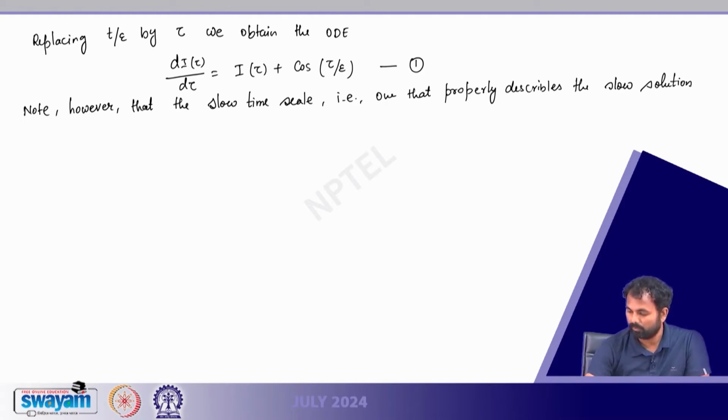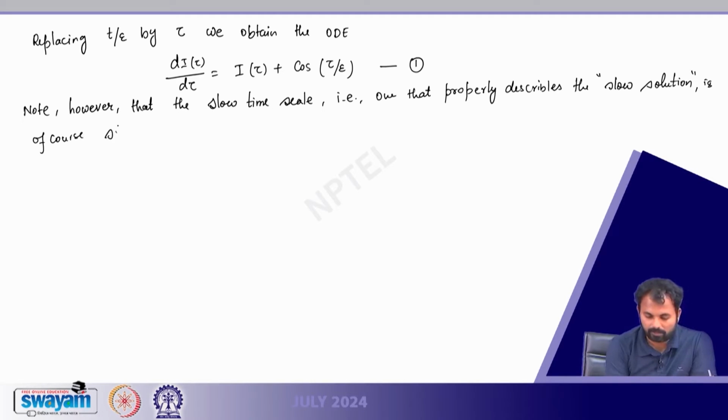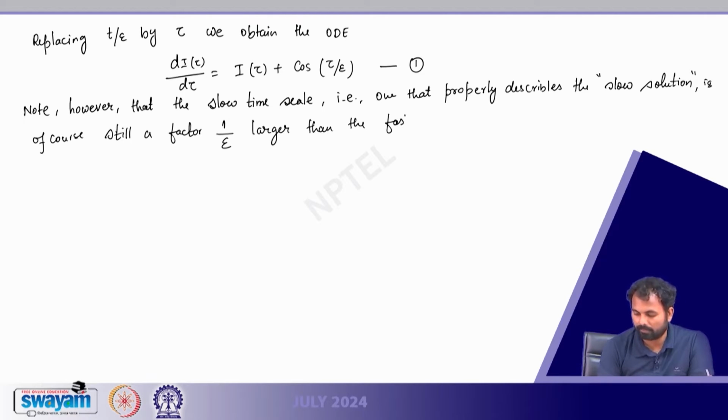The slow solution is of course still a factor 1 by epsilon larger than the fast time scale, right.